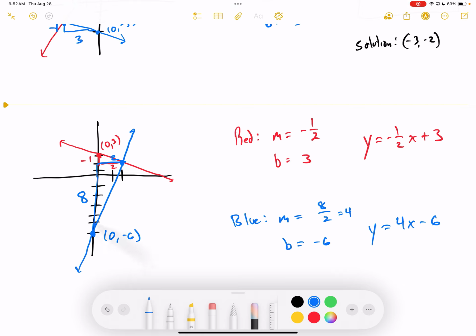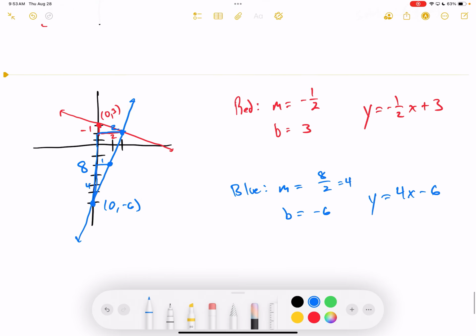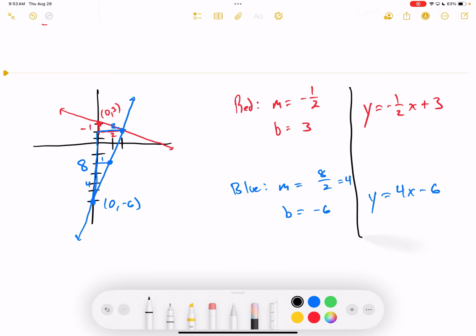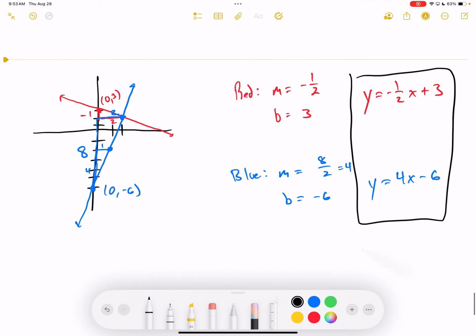So that means I could go up 4 to the right 1. So that is my system of equations. And again, I don't think they ask you for this, but the solution is the intersection point at 2, 2.